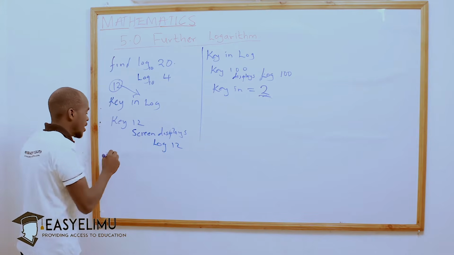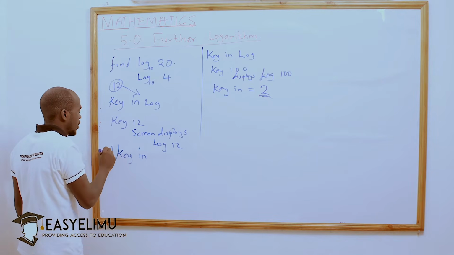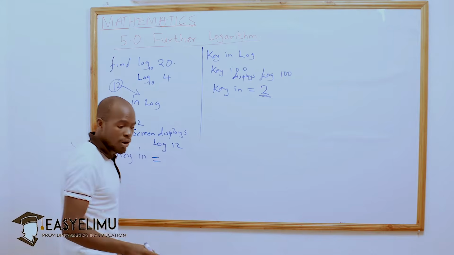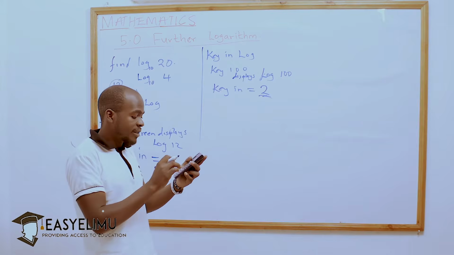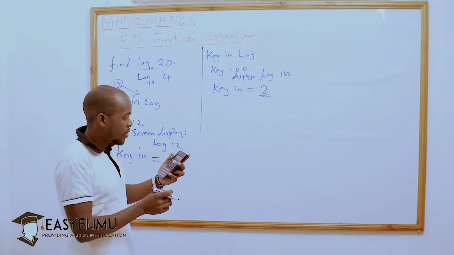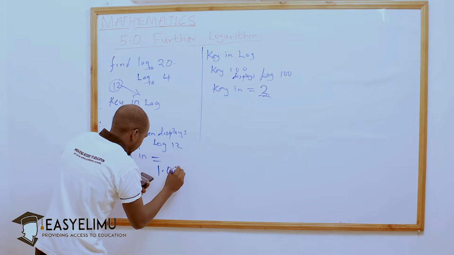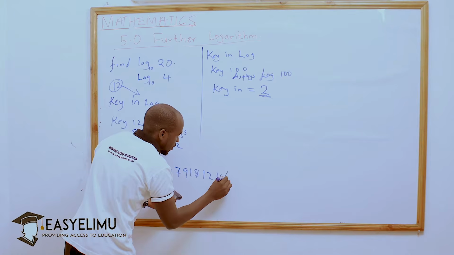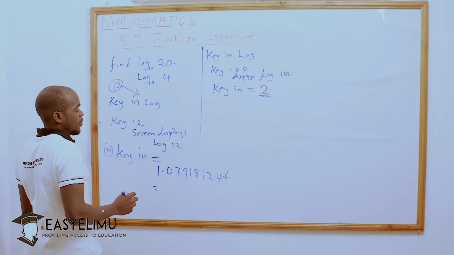After this display, this is step 3, key in the equal sign. You will find an answer is displayed at the bottom of the screen as 1.0791811246. What you do is cut it to the required number of decimal places.